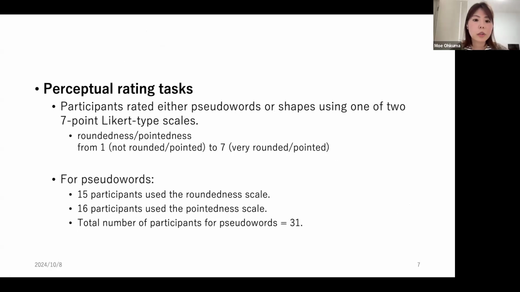Then participants rated either pseudowords or shapes using one of two 7-point Likert-type scales, roundness or pointedness, from 1 to 7.